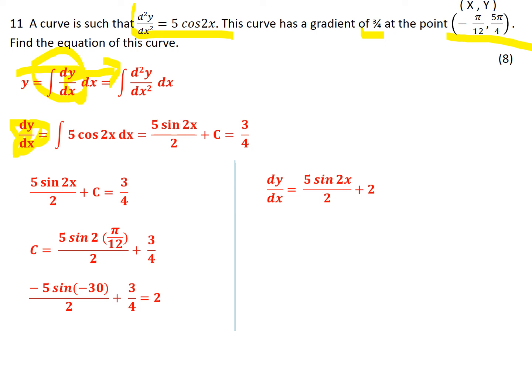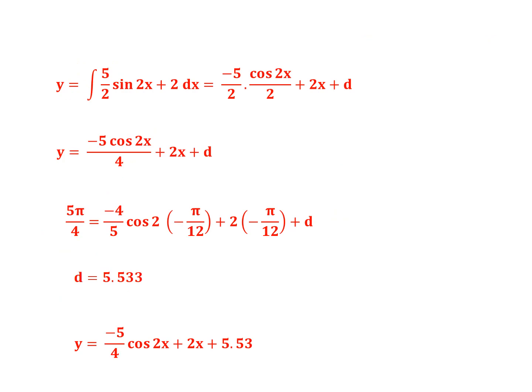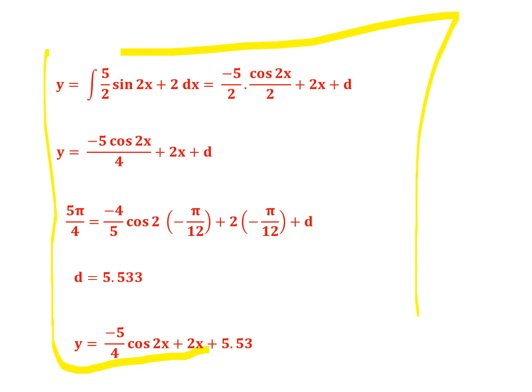Now we will simply go further, simplifying it, and first of all we will find the value of the constant c, then we will write it again without the unknown constant c. As you can see, I have done my work here. I have simplified it further.